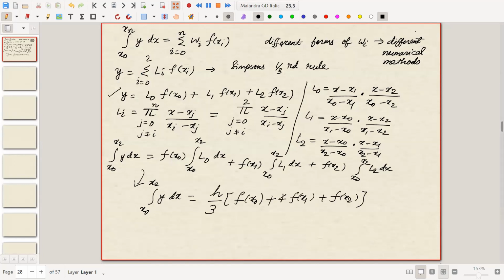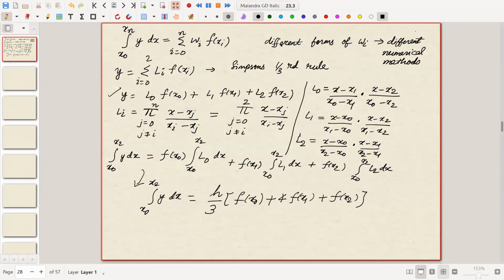Okay. So given 3 points, you can approximate the integration in this. Used everything we have in our box. Like we have h, we used it. f of x0, f of x1, f of x2, we used it. So just remember these coefficients 1, 4, and 1.